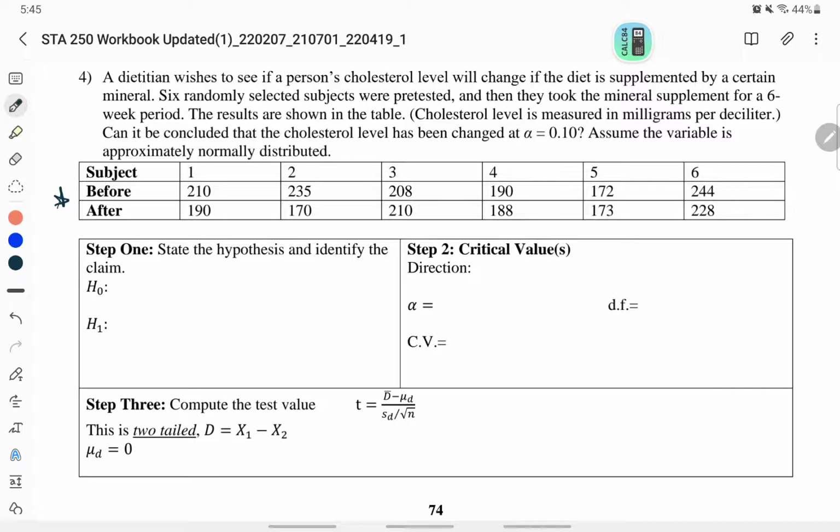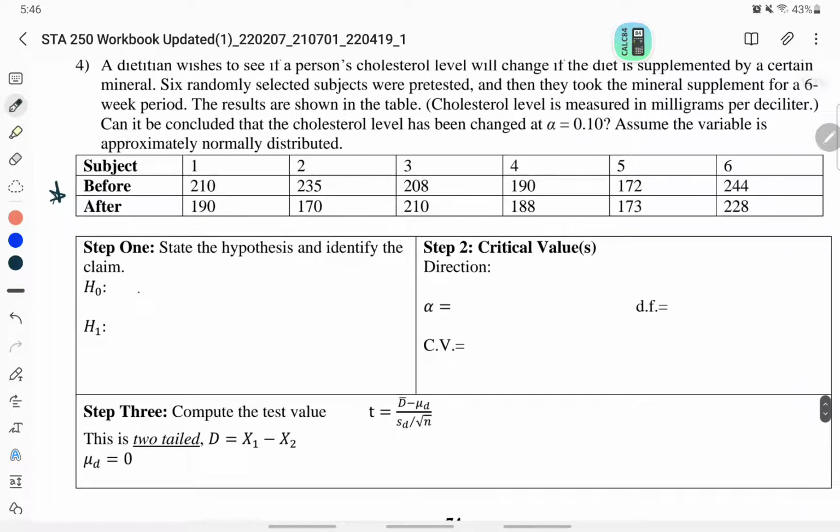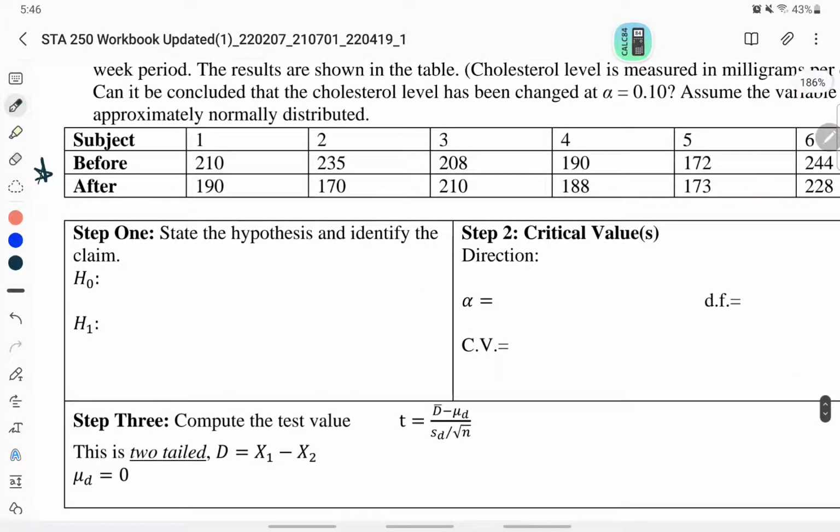Well, approximately normally distributed. Now remember, the null hypothesis will state that there is no difference between the before and the after. If there's no difference between the before and the after, that means the difference is 0, such that mu sub d equals 0.